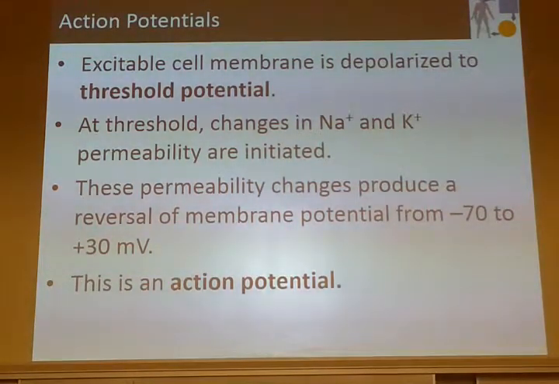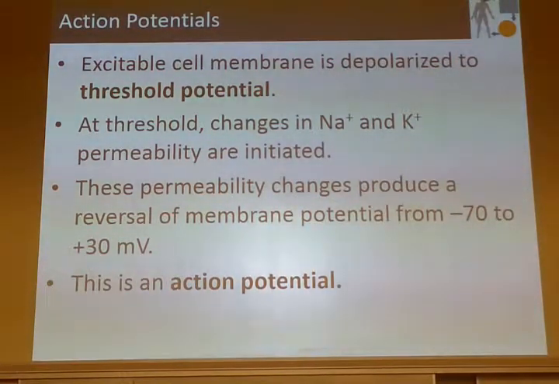When you get to threshold, and you reach plus 30 and back, you have just created the whole action potential. Action potentials can't be bigger and smaller. They have to be identical in every segment of the axon. And however long it is, it has to be regenerated and then propagated towards the end of the axon.